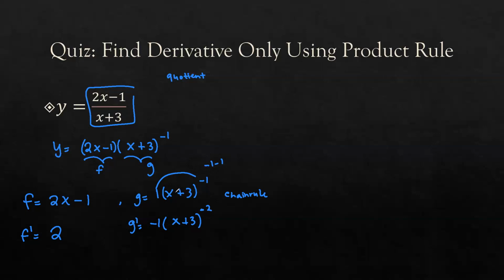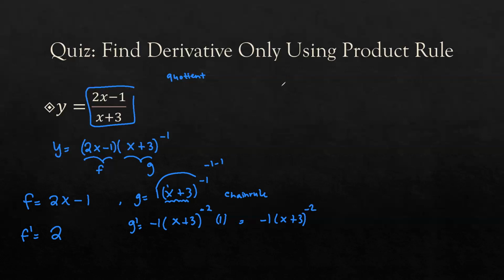Then to apply the chain rule, you simply take the derivative of the inside. The derivative of the inside is just 1, because the derivative of x is 1 and the derivative of 3 is 0. So you can rewrite this as negative 1 times x plus 3 to the negative 2.